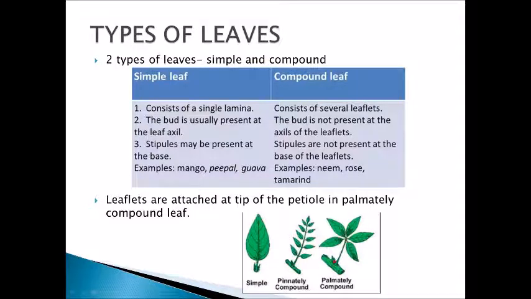This is the petiole, and these 5 leaflets are attached at one point, that is the tip of the petiole, and hence it is called palmately compound leaf. So the leaves are of two types, simple leaf and compound leaf. Again the compound leaf is pinnately compound and palmately compound.